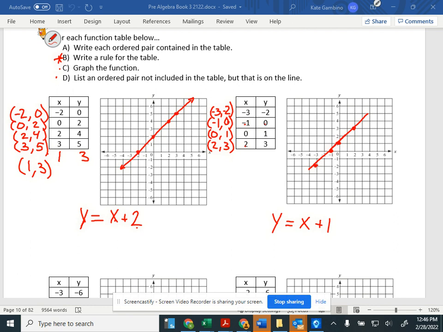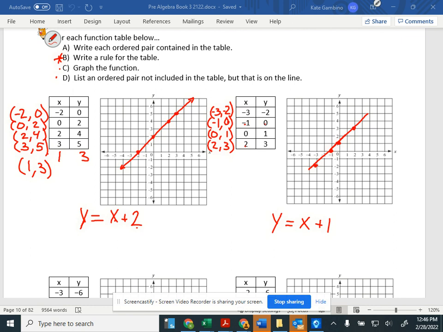We have 4, so we can find that pattern. How do we go from the x to the y? If we only looked at 2, we might think something is adding, when in reality, we're multiplying. So be careful as you move on to the next page, really looking, am I adding, subtracting, multiplying, or dividing, going from the x to the y? Then you need to write your ordered pairs.